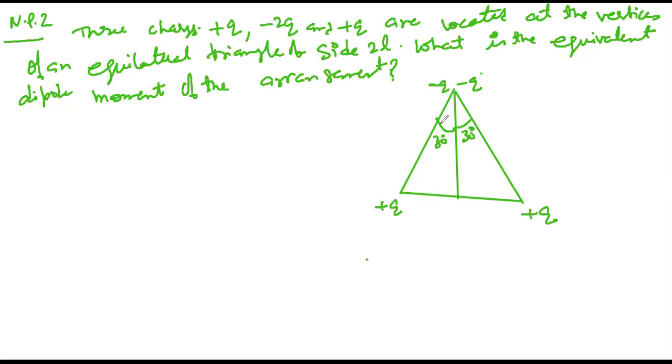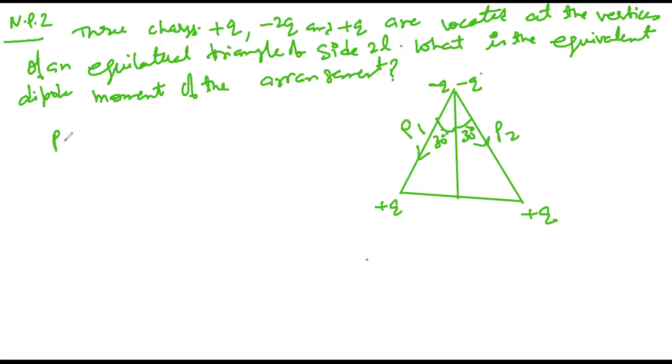Equilateral triangle angles, you know, they will be 60 degree. So half of that will be 30 degree. So this is the condition of your two dipoles. One is here, P1, another is here, P2. And they are inclined with 30 degree to each other. So resultant of this will be how much?